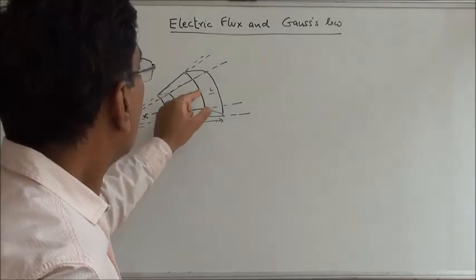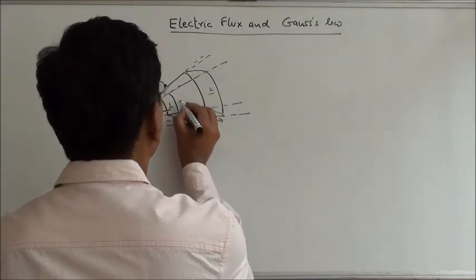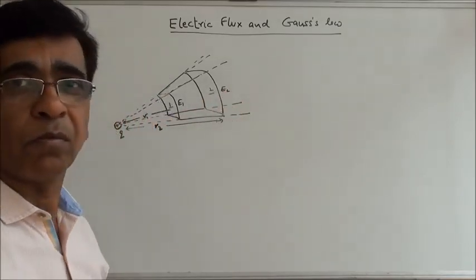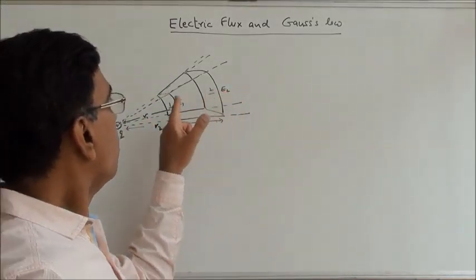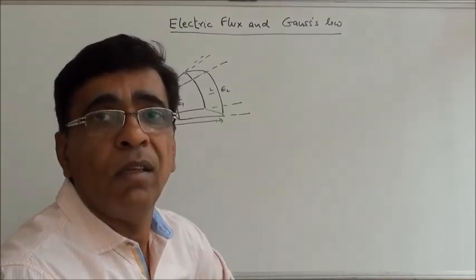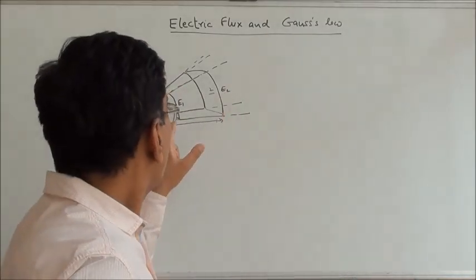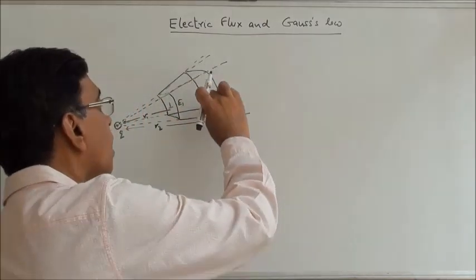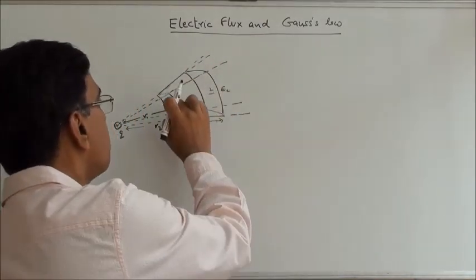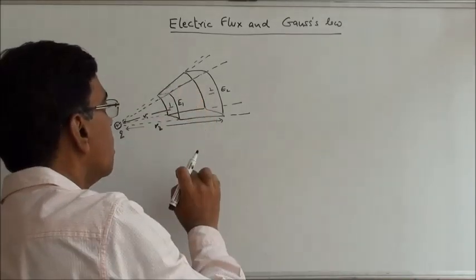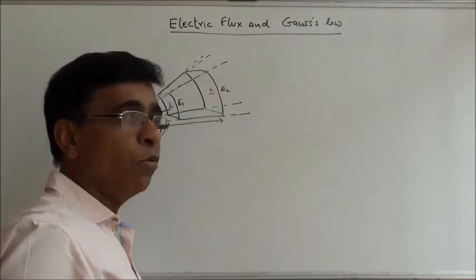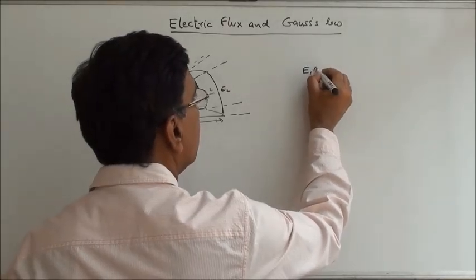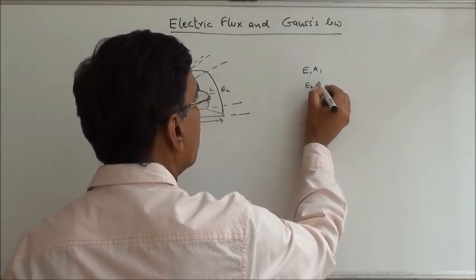Electric field will be different here: let it be E1 and E2, the electric fields at these 2 points, and R1, R2 are the distances. I need flux for it. It means I need the area of this part, the area of this part, and the electric field at these 2 positions. And then I want E1A1 or E2A2.